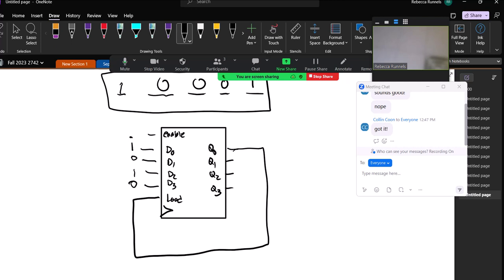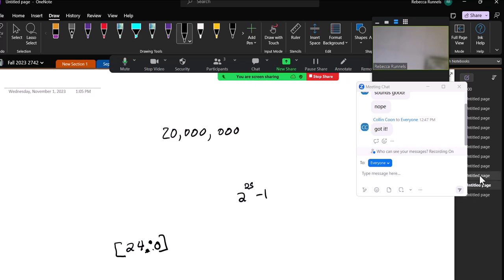So if I did it just like this, I would get 5, 5, 5, 5, because every time it would load. So that's not gonna work.